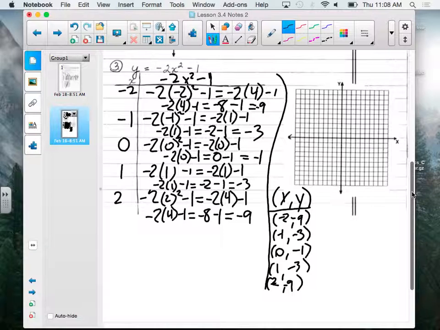So -2, -9, and all the way down there. -1, -3. 0, -1. And then 1, -3, 2, -9. Are we done? No. We have to connect them, right? So, what do x squared functions usually look like?